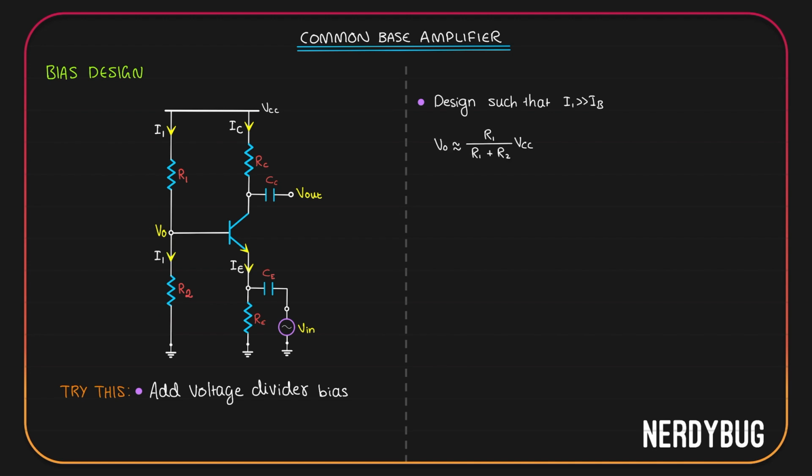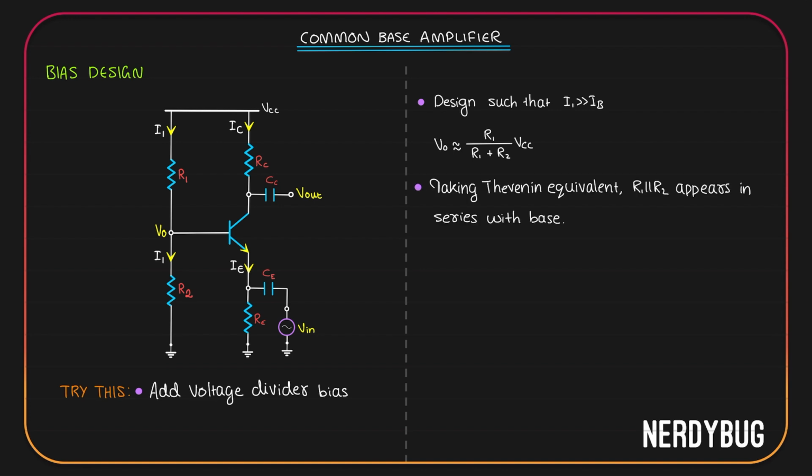Then we can make sure that V0, the potential that we get at the base, will be approximately R2/(R1+R2) multiplied by VCC. The voltage division is perfect. We can even use the Thevenin equivalent of R1 and R2 just like we did in the common emitter stage. Their Thevenin equivalent will be R1 parallel to R2 and it will appear in series with the base.